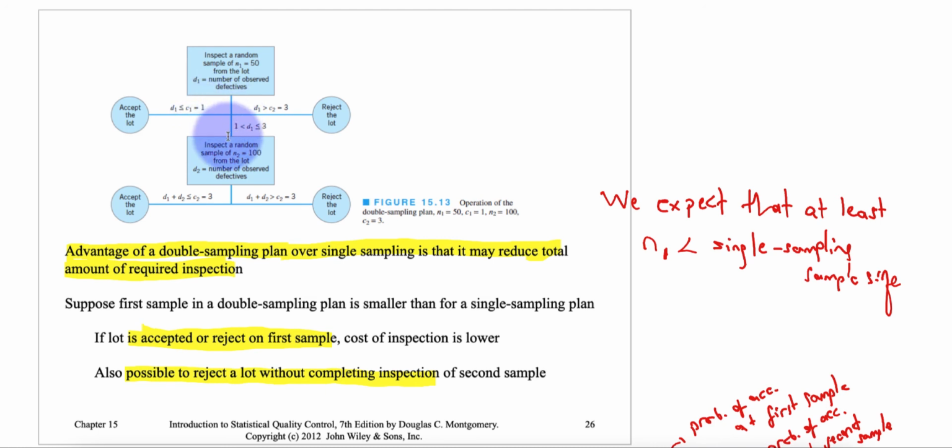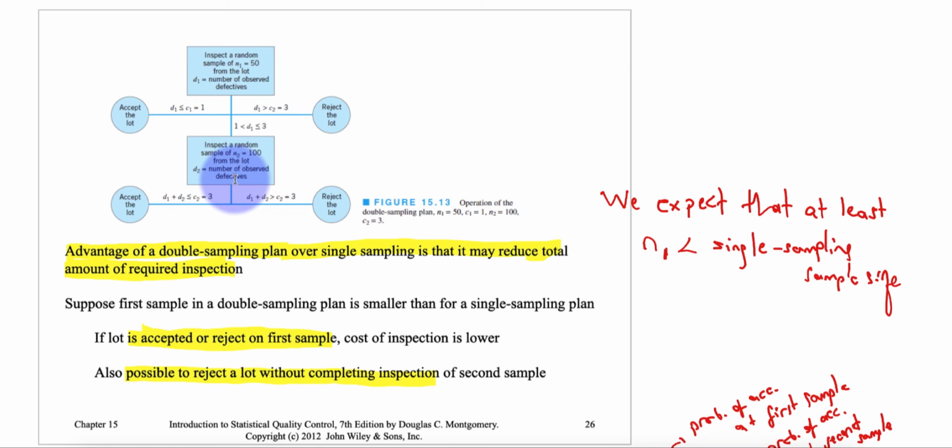After taking the first sample, we are going to take another sample. Let's say in this example we are taking a sample size of 100. D2 is the number of observed defectives in the second sample.